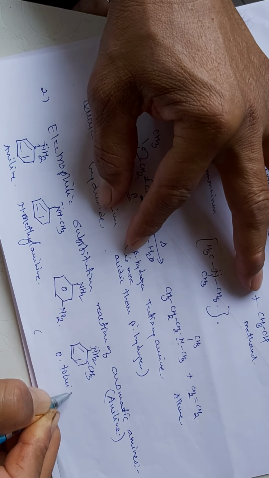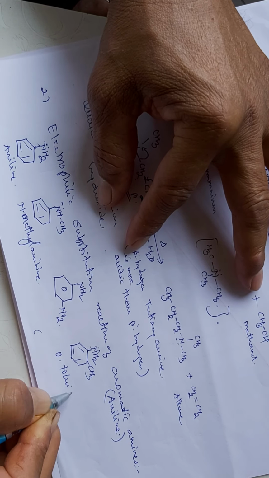And so this amino group is ortho and para directing. So the attack of the electrophile is possible at the ortho and para positions, and the reaction gives electrophilic substitution at ortho and para positions.